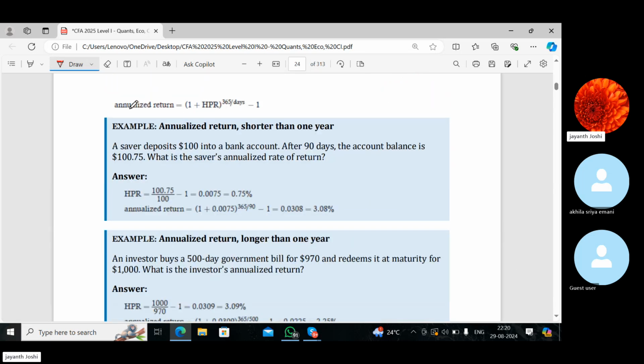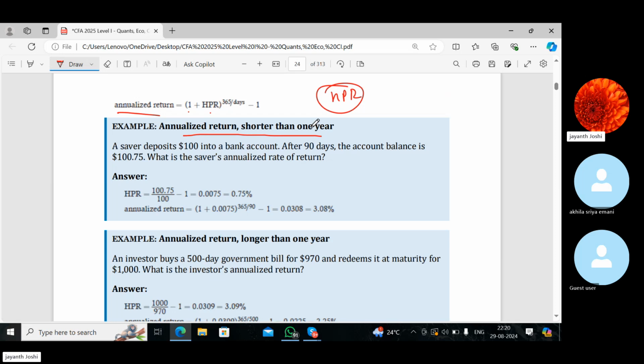So annualized return, very clearly, is 1 plus the holding period return, and you have already calculated the holding period return, right? If it is for more than 1 year, then what? If it is for only 1 year, then what? So annualized return for a period shorter than 1 year: that means let's say your investment is for fewer days than 365 in a year.